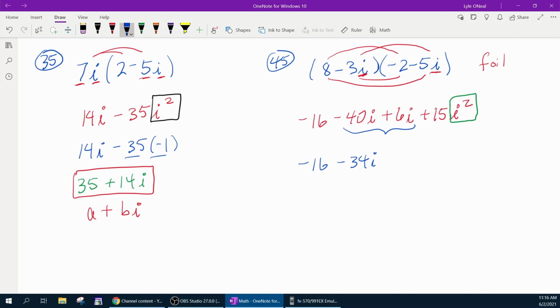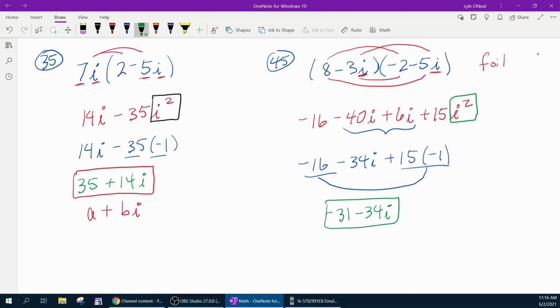And remember that i squared is the same as negative 1. So we're going to replace i squared with negative 1 and multiply these together. 15 times negative 1 is negative 15. Now that and the negative 16 are like terms. And so our final answer is negative 31 minus 34i.